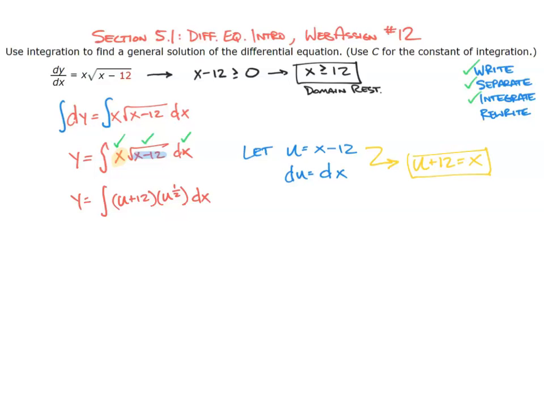We need to expand this. Let's expand. u times u to the 1/2 is u to the 3/2. 12 times u to the 1/2 is 12u to the 1/2. And we're doing this all with respect to u. Great. We turned a product into a sum. Now we can use our power rule for antiderivatives, which will look like this.